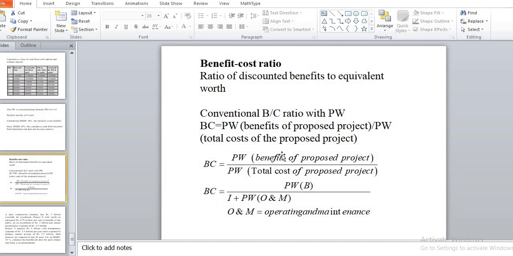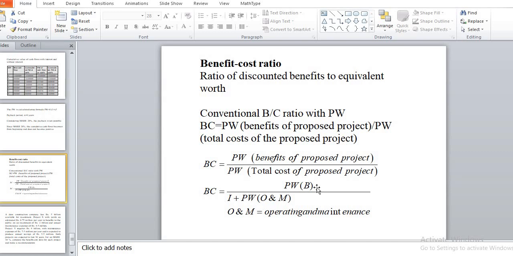Now sometimes, instead of writing only the present worth of benefit, we shift the present worth of operating and maintenance cost to the numerator.